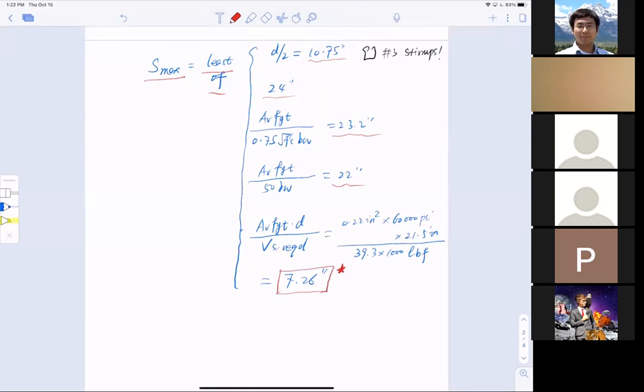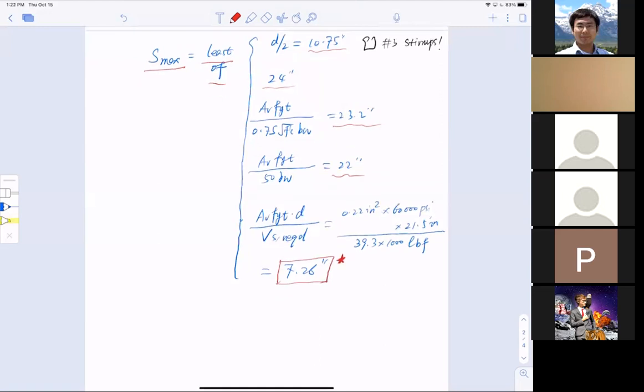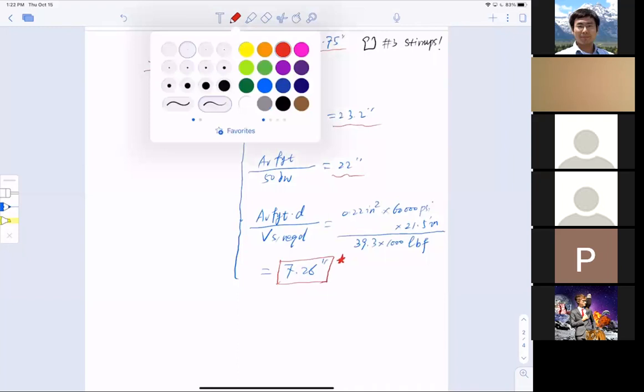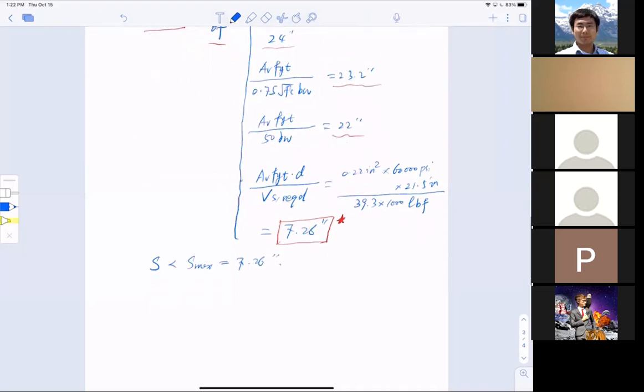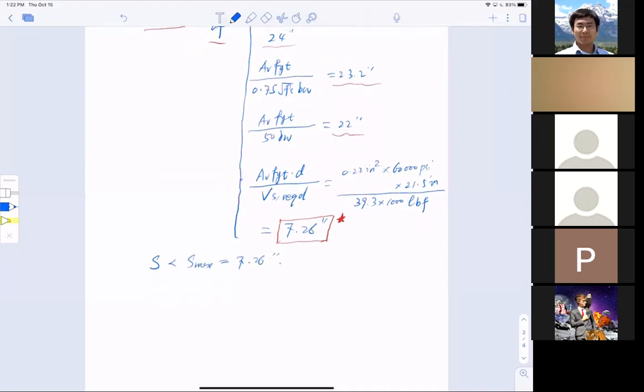So now all I have to make sure is that I'm going to use number 3 stirrups for sure, but I want a spacing smaller than the maximum requirement of 7.26 inches. I can go 7, but 7 is really an odd number.